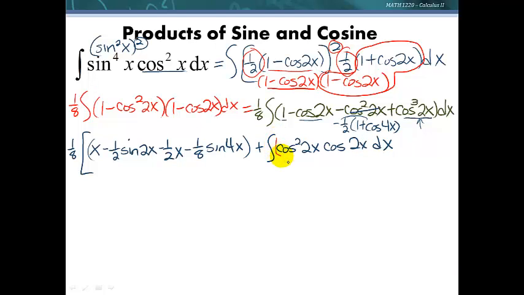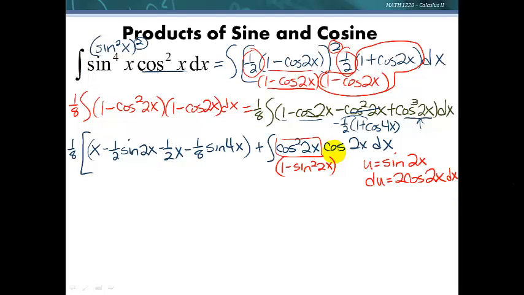Now we're going to replace this with 1 minus sine squared 2x, and we can do u substitution, letting our u be sine 2x, so our du is going to be cosine 2x, but we've got a 2 out in front, dx, because of the chain rule.